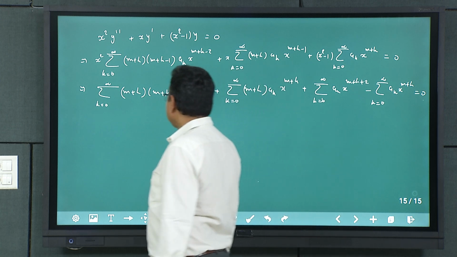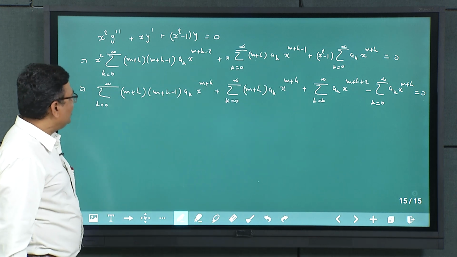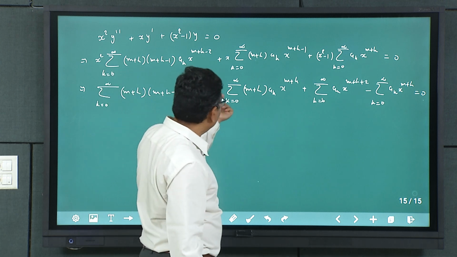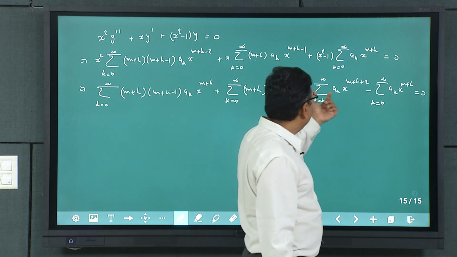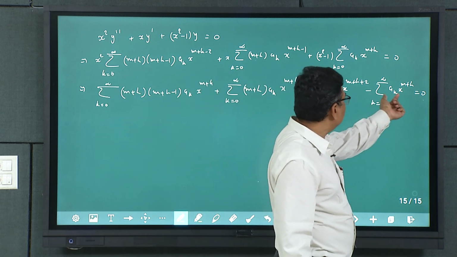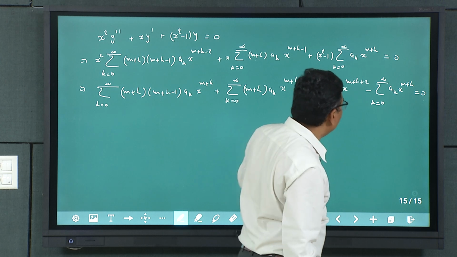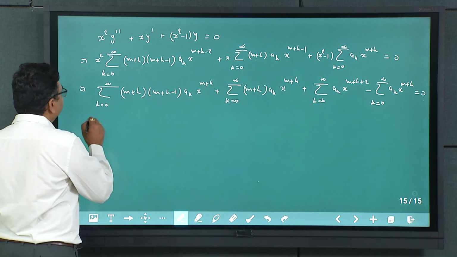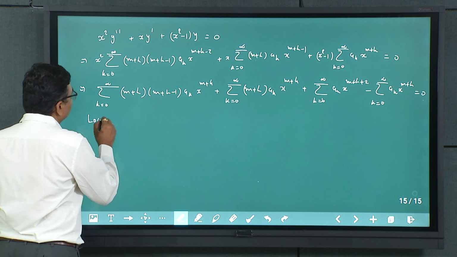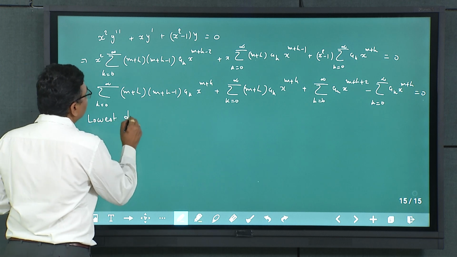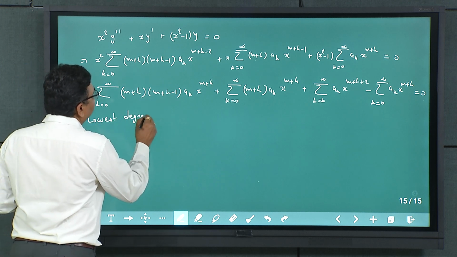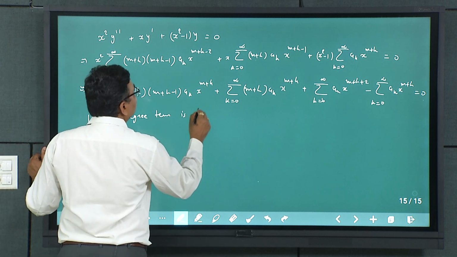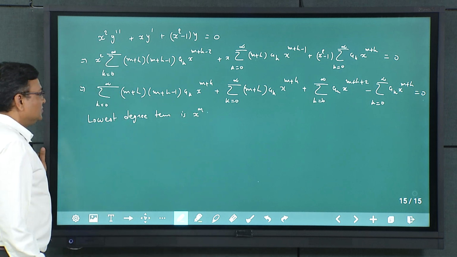Now what will be the lowest degree term here? For k equal to 0 we get x raised to m here; in the x raised to m plus 2 term, if we take k is equal to 0 we get x raised to power m plus 2. So the lowest degree term is x raised to power m, okay.